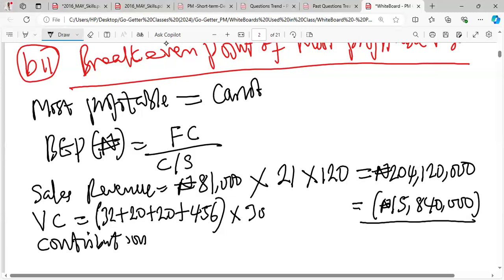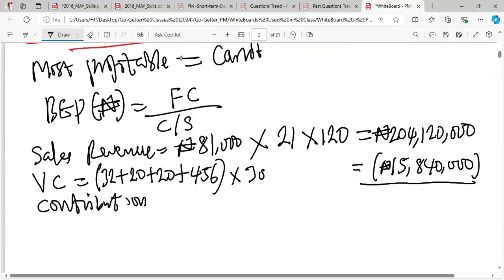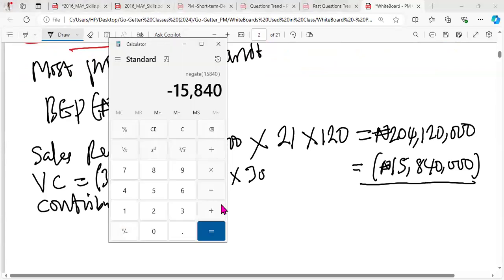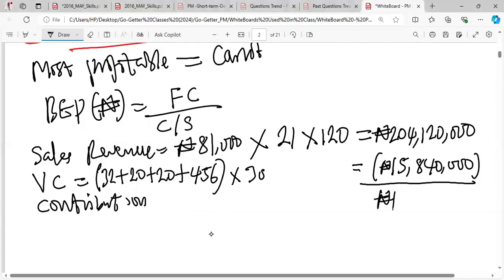Contribution. So I'll put a negative to this so that I can minus it. 204,120. I have 188,280. Of course, there's 1,000 here. That is my contribution.